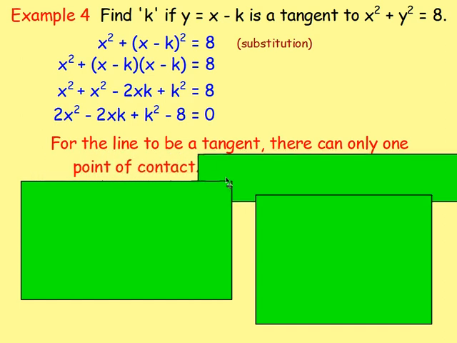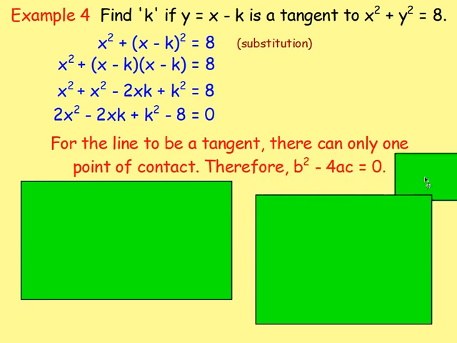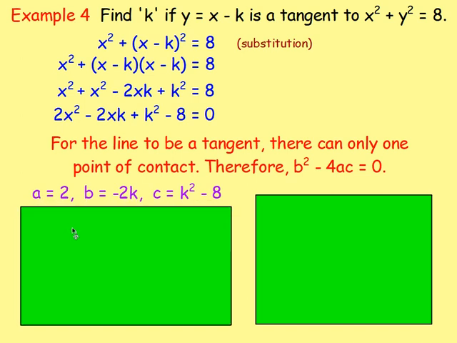So you know that the discriminant, b squared minus 4ac, must equal 0. So start off writing down the values of a, b, and c. The coefficient of x squared is 2. The coefficient of x, well, you're multiplying x by negative 2k, so that would be the value of b.